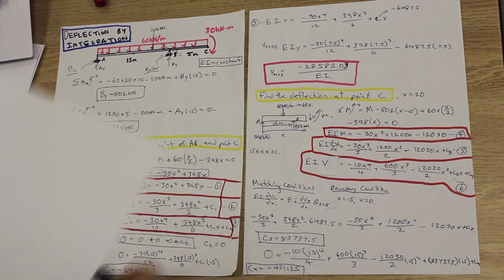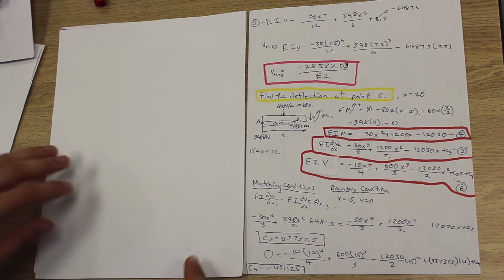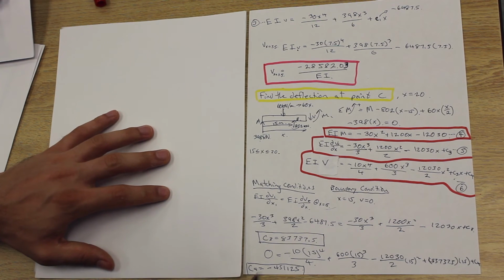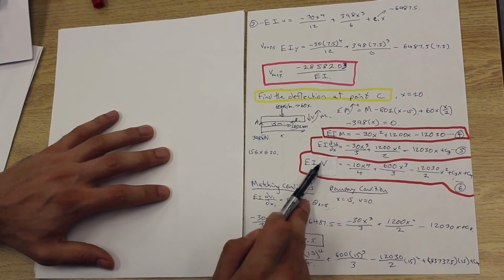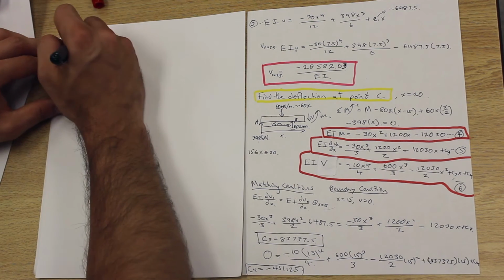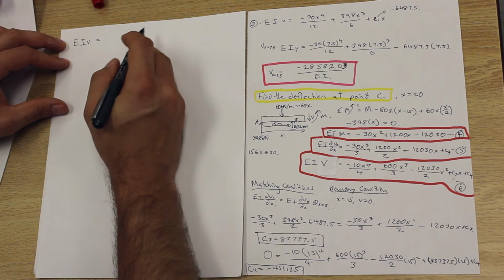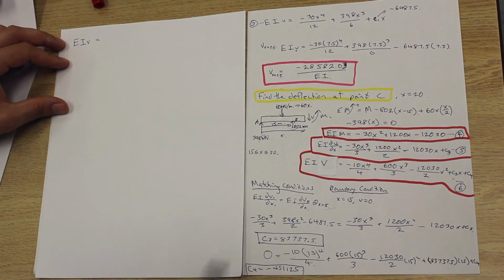So I'm just going to cover this paper up, but we don't really need it anymore, because we know that at point C, X equals 20. So using our deflection equation, which is the one with V in it, let's write it out here. We can plug in X equals 20, and we can also plug in our constants.